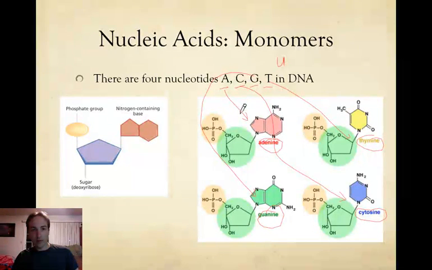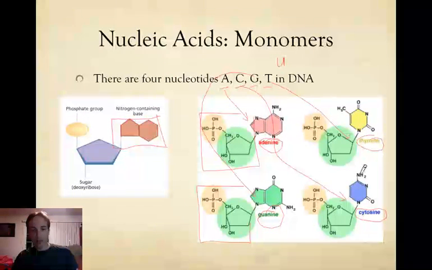Notice that these regions here are the same in all of our drawings here, right? They each have a phosphate group, they each have that sugar, but the base, the nitrogen containing base, this guy right here, is different. Notice it's red here, it's got a shape. Here we've got a yellow one, totally different shape. Here we've got a blue one. This was even different. If you compare them, notice there's an oxygen here, whereas this one has an NH2 group.